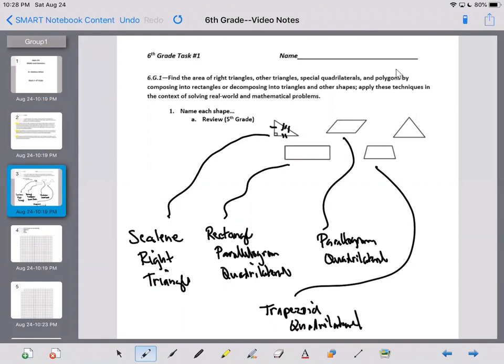If we had 2 sides that were the same, we would call that an isosceles. But if we had 3 sides the same, we would call it an equilateral. So those are just some review of some shapes.